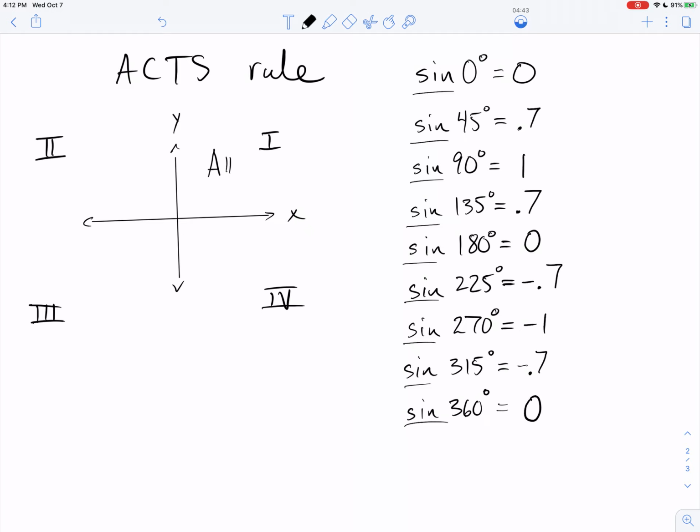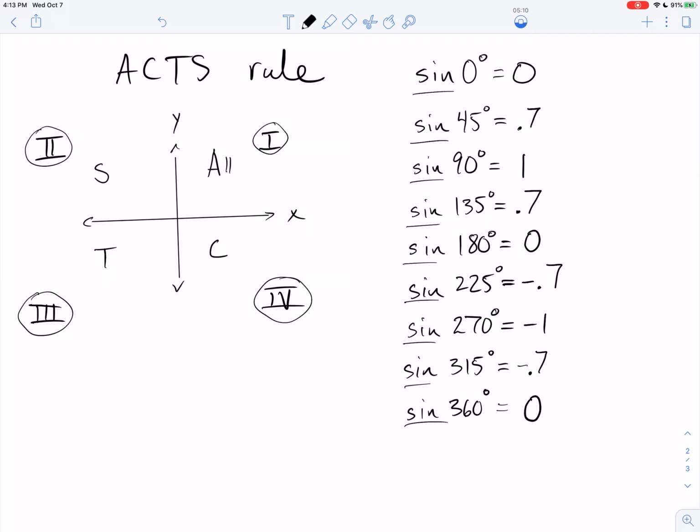Now, the thing is, our coordinate system, this guy over here is quadrant 1. Then we go counterclockwise. We call that quadrant 2. Counterclockwise, that's 3. Counterclockwise, that's 4. But when it comes to the ACTS rule, we go this way. So it spells out ACTS.